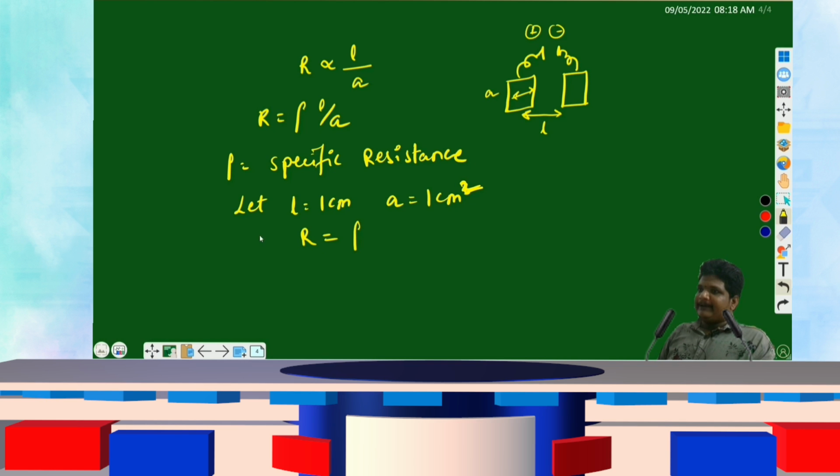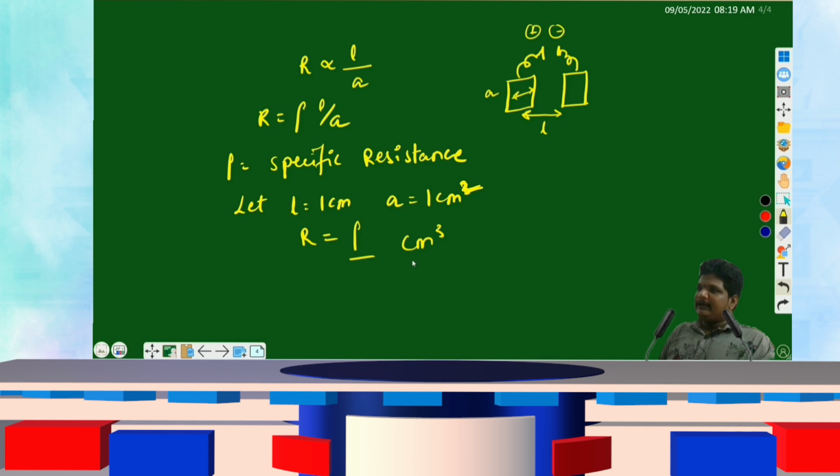So the resistance of a conductor is directly proportional to the length of the conductor and inversely proportional to the area of the cross section. Now we are introducing a new term, in the place of the proportionality constant, that is rho. Here rho is the specific resistance, which can be defined as the resistance of a specimen of 1 centimeter cube conductor.